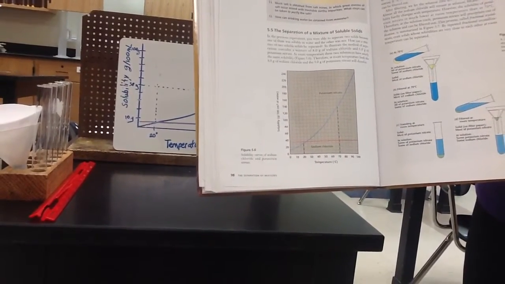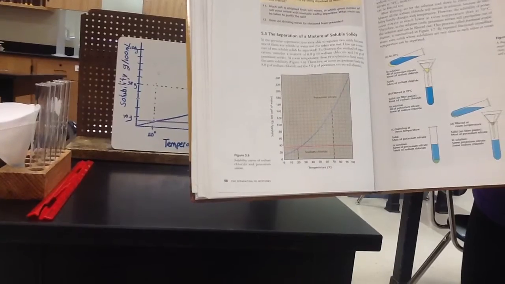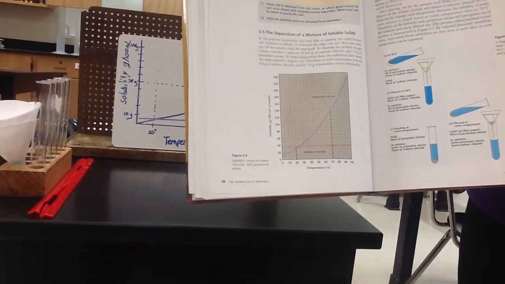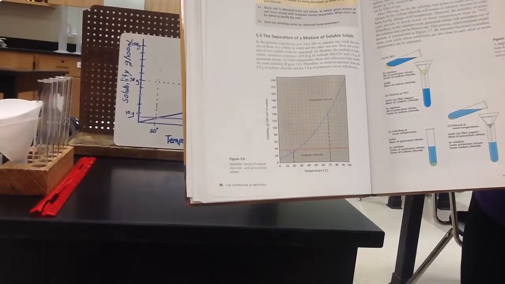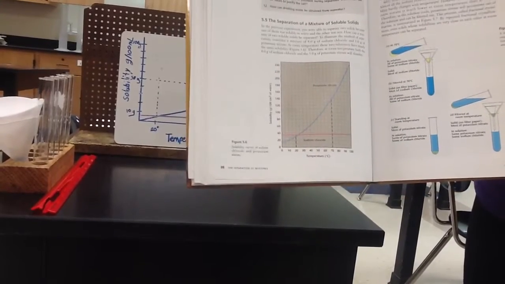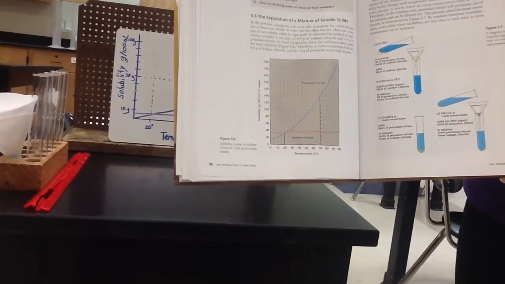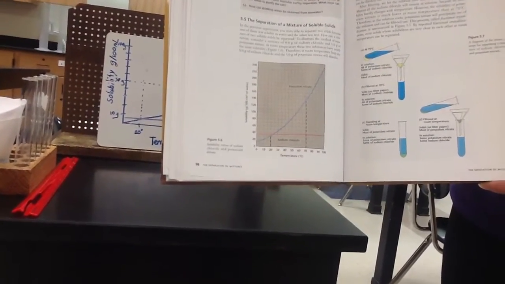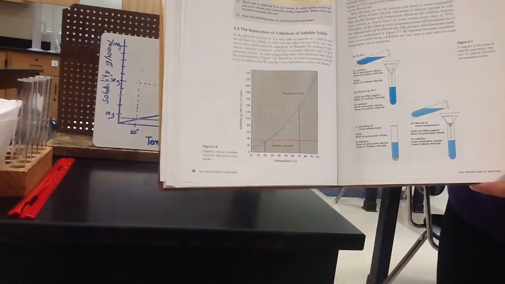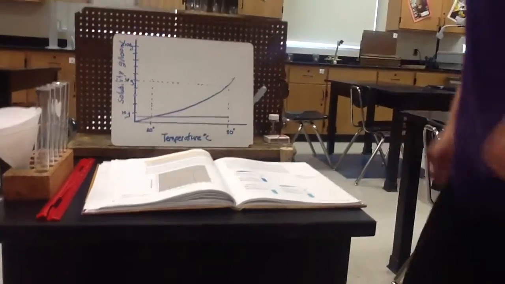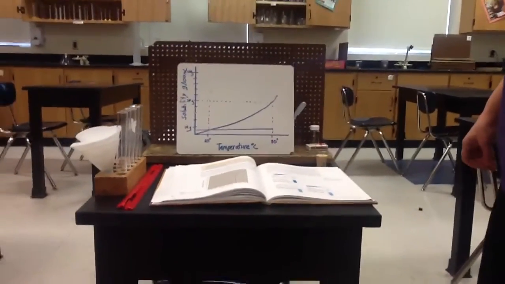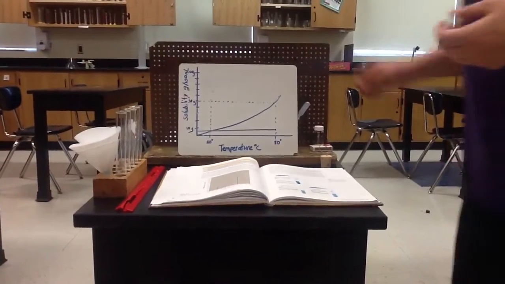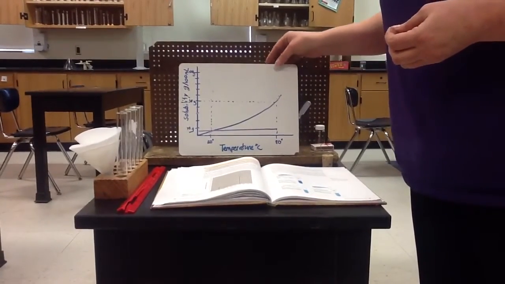So figure out how much of each of them should dissolve. And I'm going to tell you how much of each of them you have in your container. But do that, and the person who's leading the lesson can pause this video so you can do that, and then you can start up again. Okay, so once you have that figured out, if you don't have the right numbers, it's okay. I'll explain it to you on Monday.